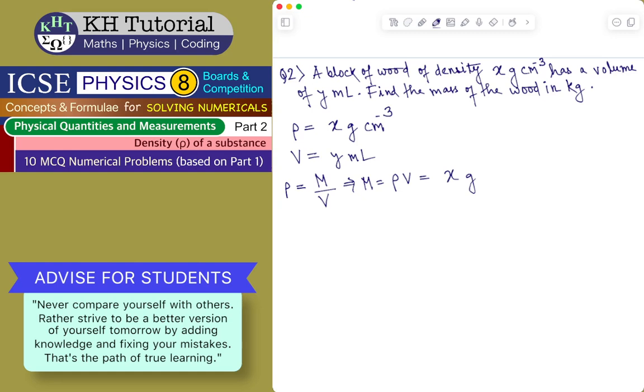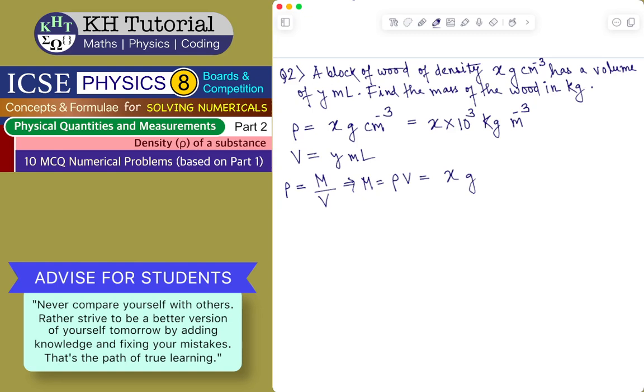We know how to convert the value of density from CGS to SI: we just multiply by 10 to the power 3. So this will be x multiplied by 10 to the power 3 kilogram per meter cube.